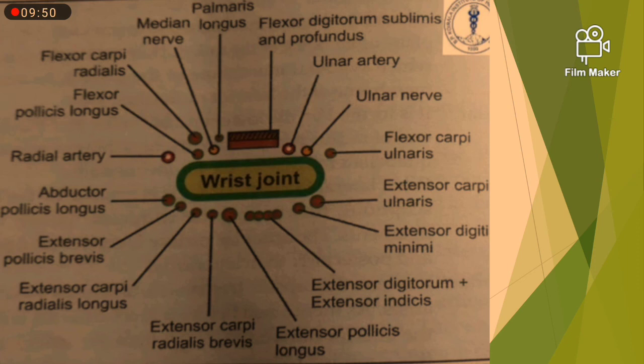Here you can see palmaris longus, flexor digitorum superficialis and profundus, median nerve, flexor carpi ulnaris, flexor pollicis longus, radial artery, abductor pollicis longus, extensor pollicis brevis, extensor carpi radialis longus, extensor carpi radialis brevis, extensor pollicis longus, extensor digitorum and extensor indicis, extensor digiti minimi, extensor carpi ulnaris, flexor carpi ulnaris, ulnar nerve. So this is the relation at wrist joint.